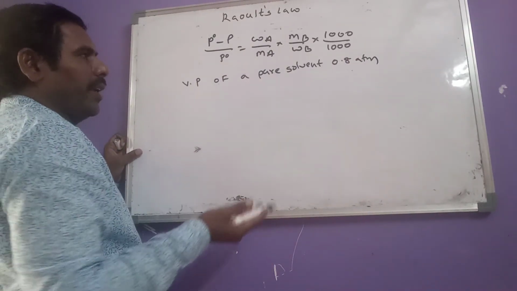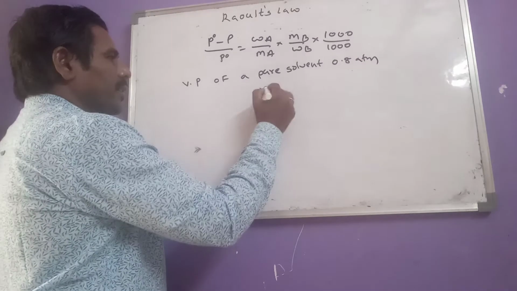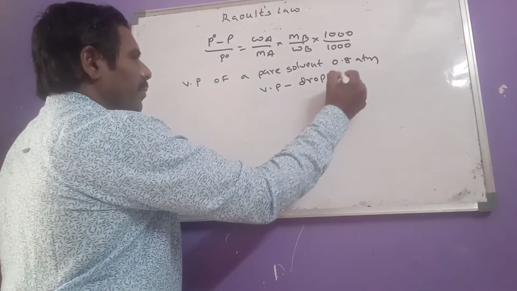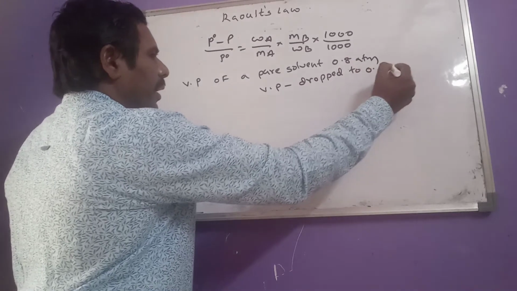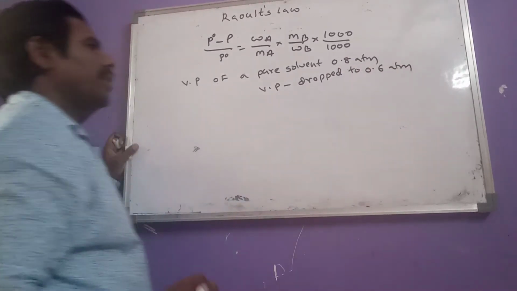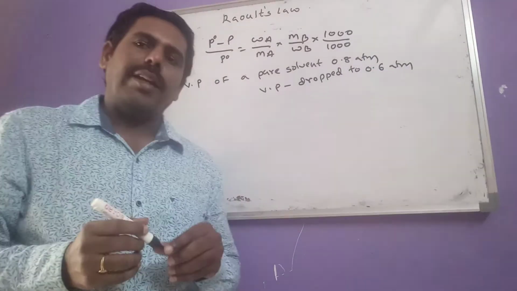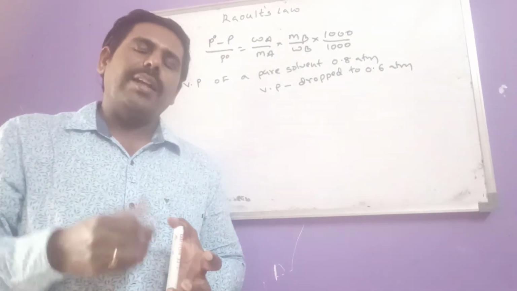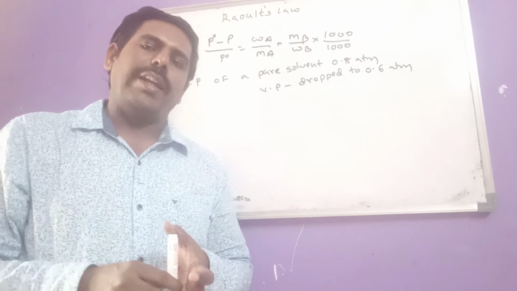By adding a non-volatile solute, vapor pressure dropped to 0.6 atmosphere. Now the question is, what is the mole fraction of solute and also mole fraction of solvent?